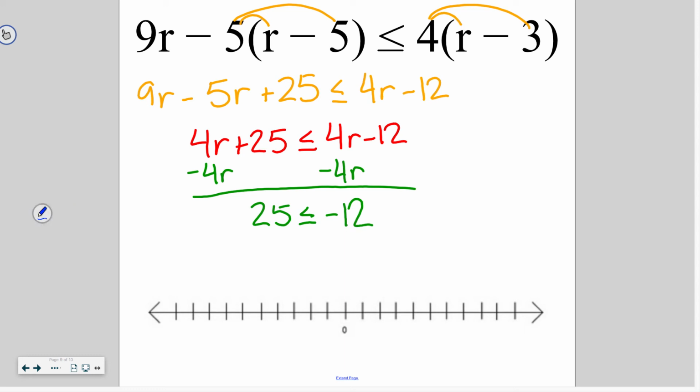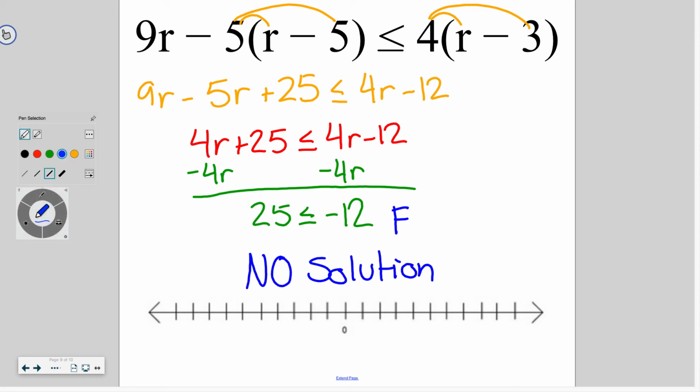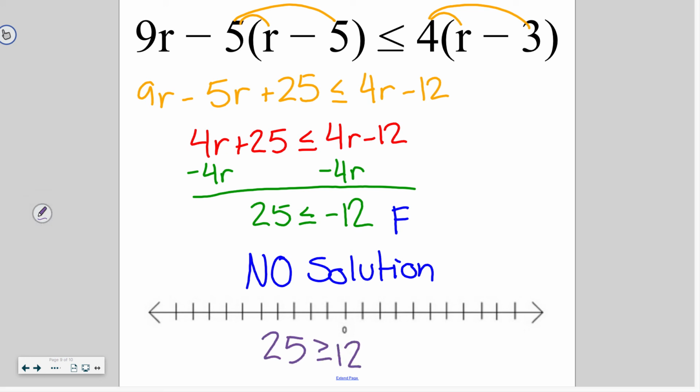Now, we all know this is a false statement, so what this indicates to us is that this is going to be a no solution problem. If the inequality symbol had been reversed, and we had a case where we got an answer of 25 is greater than or equal to -12, then that would be a true statement, which would have given us an all solutions situation.